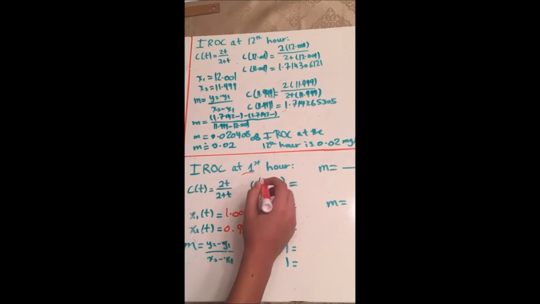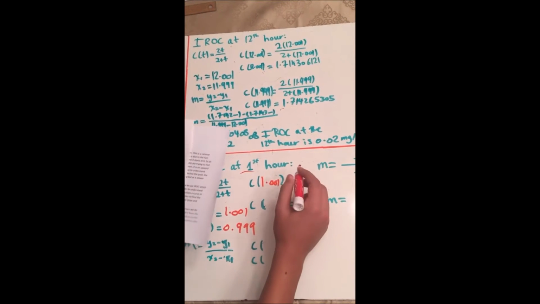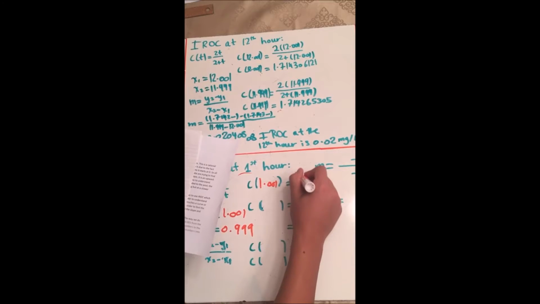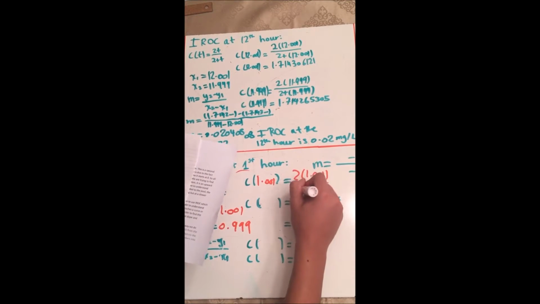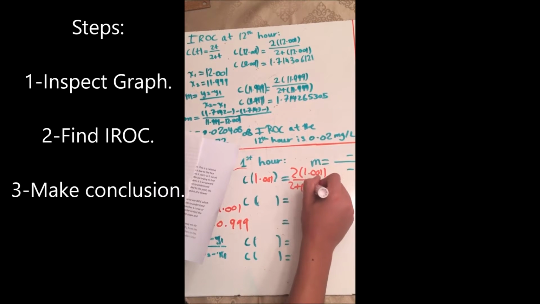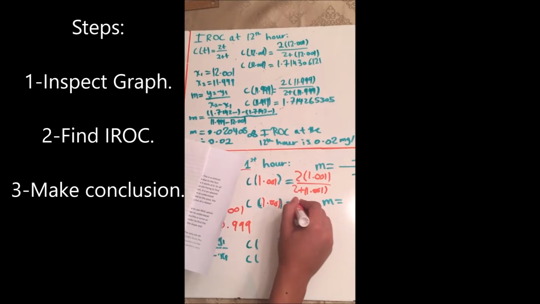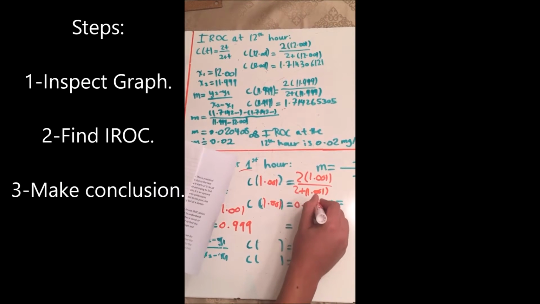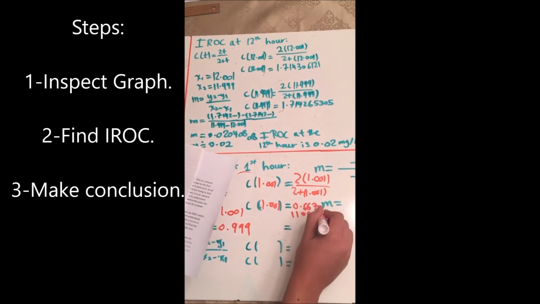What happens is then we can plug these into the equation and find our y's. So c at 1.001, and then we can do 1.001 over 2 plus 1.001. That gives us an answer of 0.667110963.